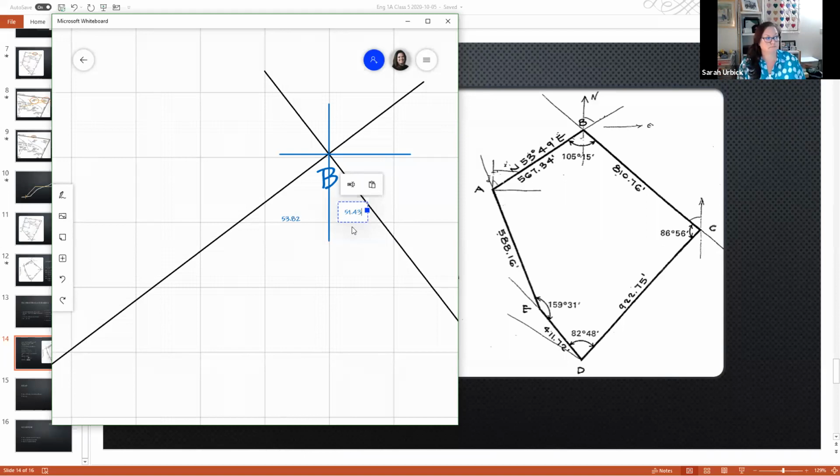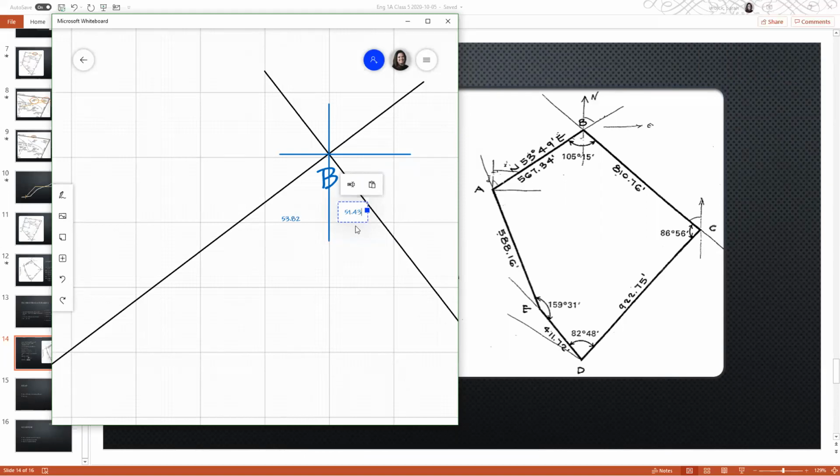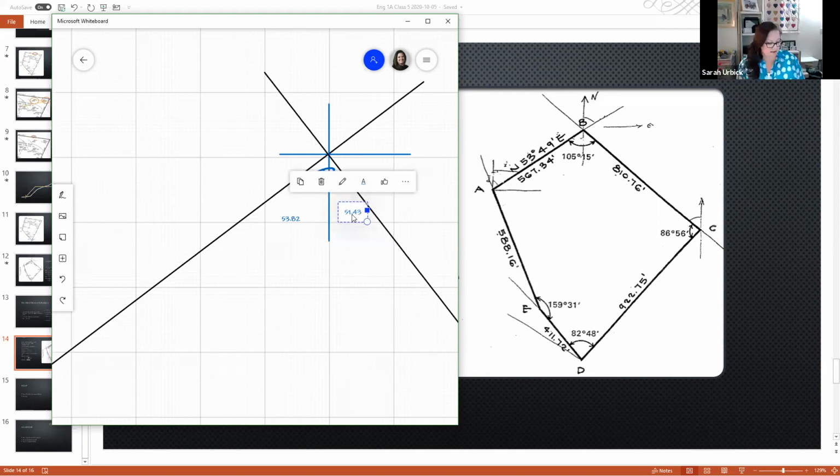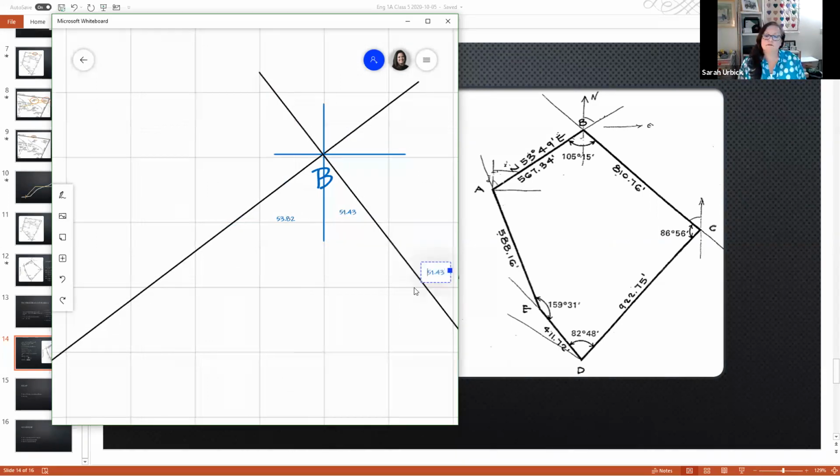So, all right. Somebody want to do that at this point, and we'll record what our line BC is. So we know we're going down and to the right.